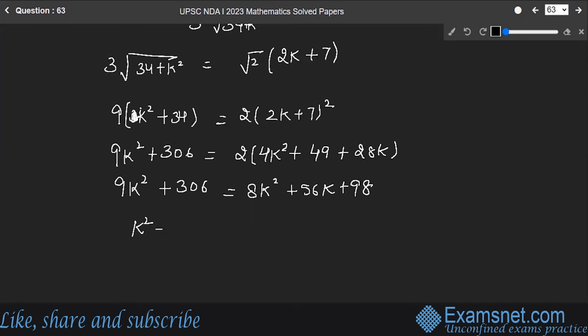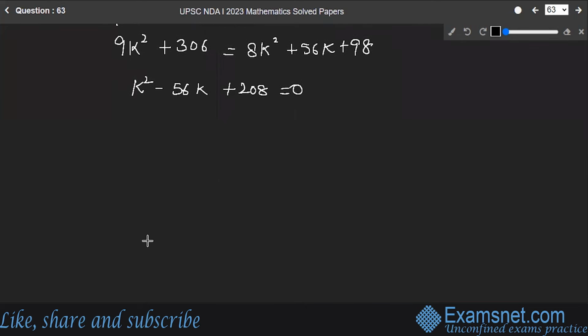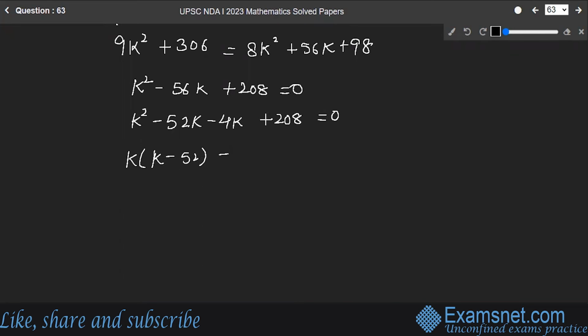k square minus 56k plus 208 is equal to 0. Let's split the middle term. You will get k square, the two factors are 52k and 4k plus 208 is equal to 0. k minus 52, minus 4 into k minus 52.